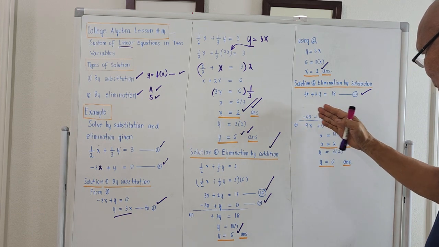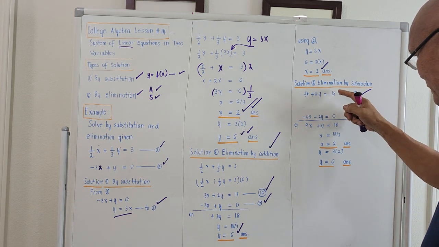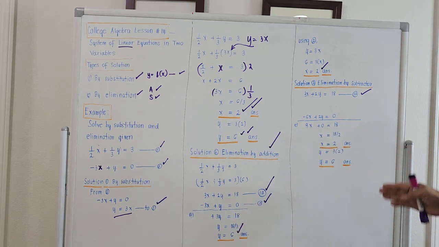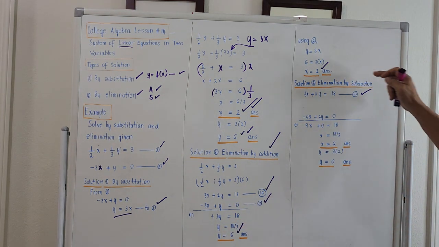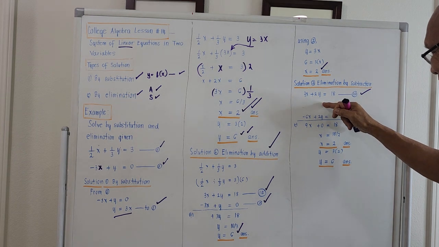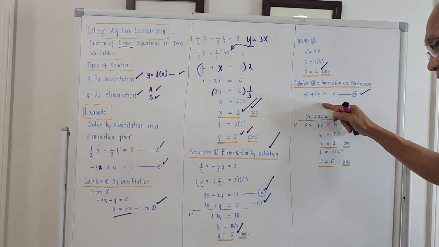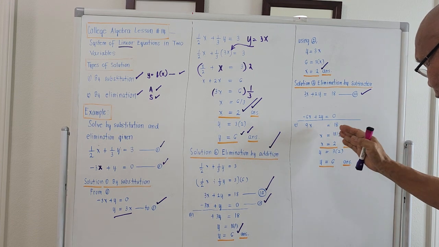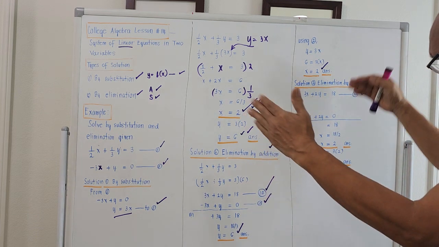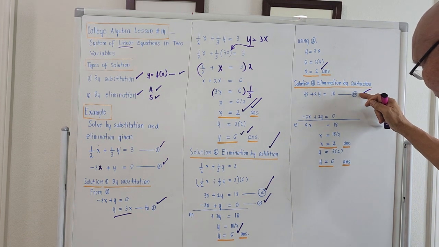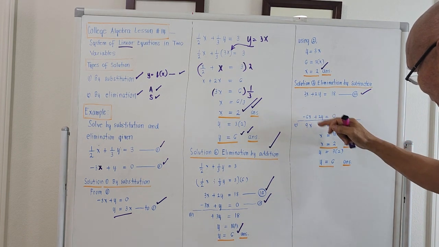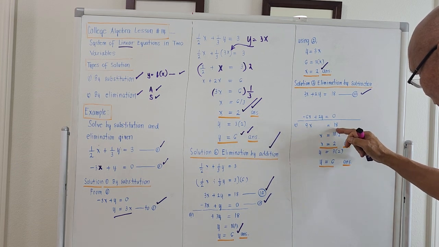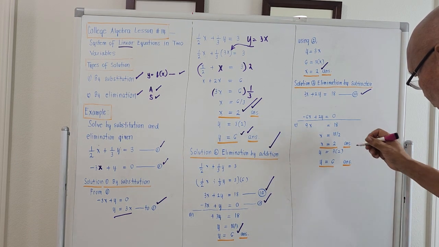And for the right hand side, 18 minus 0 will still be 18. So meaning to say, if we try to perform the operation subtraction, we will eliminate y. So actually, this is gone. So what comes out after the subtraction of equation 1a and the resulting equation here, 9x is equal to 18.